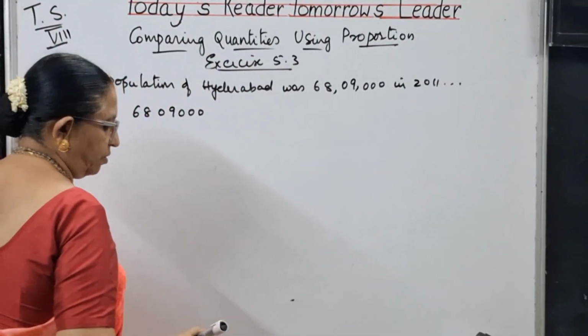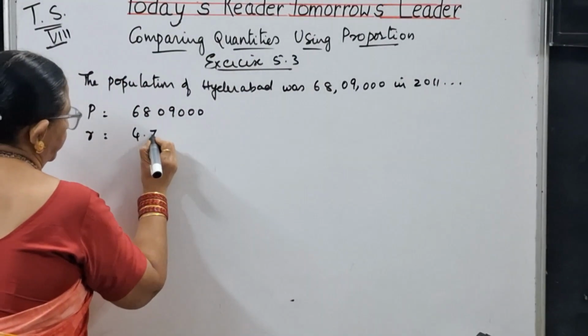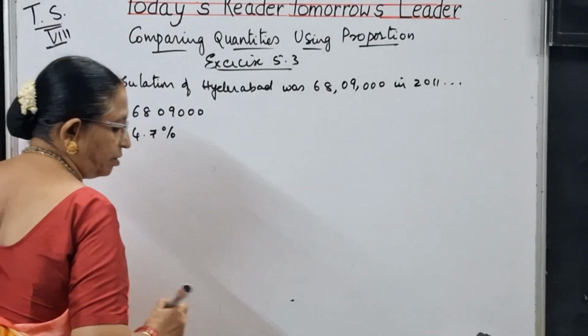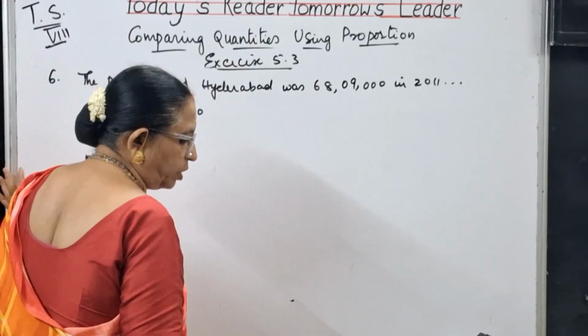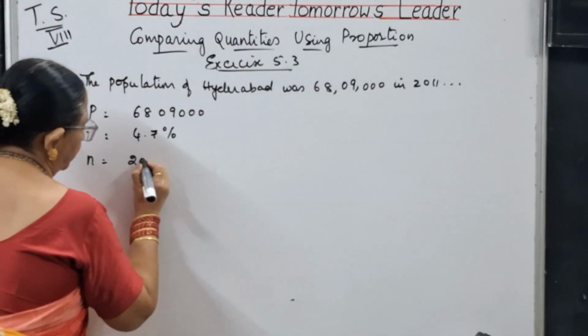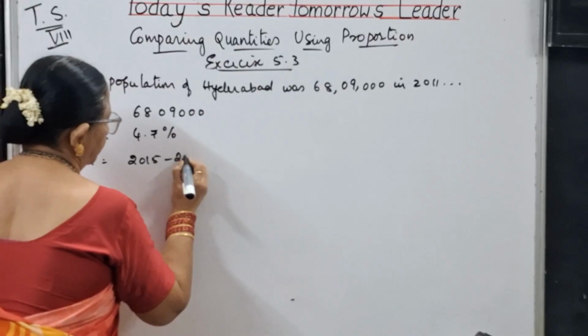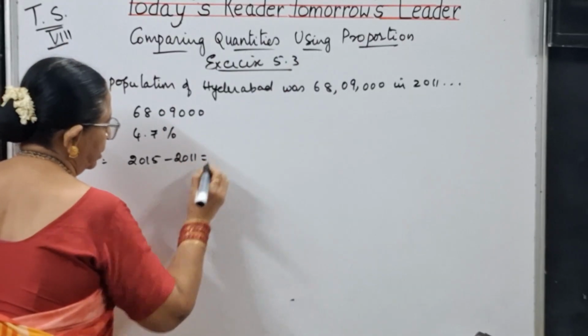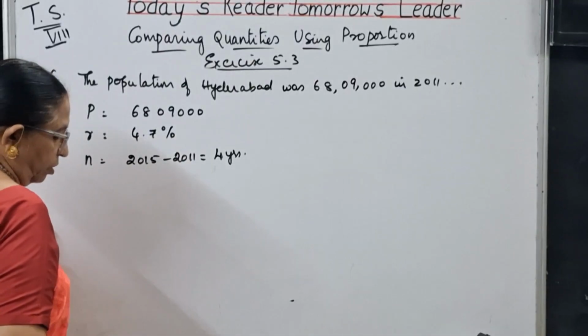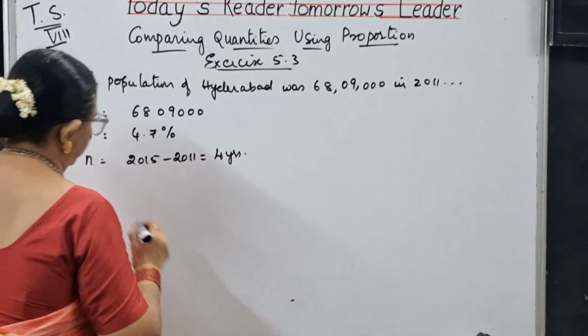It is increasing with the rate of 4.7. So what is n? Years. It is observed from 2011 to 2015. That means 2015 minus 2011, that means 4 years. It is going to be seen for 4 years.